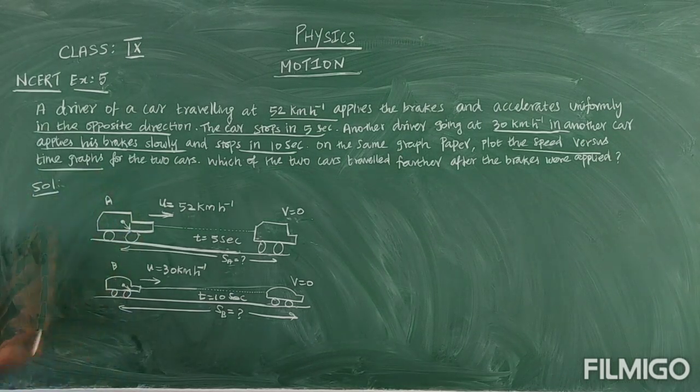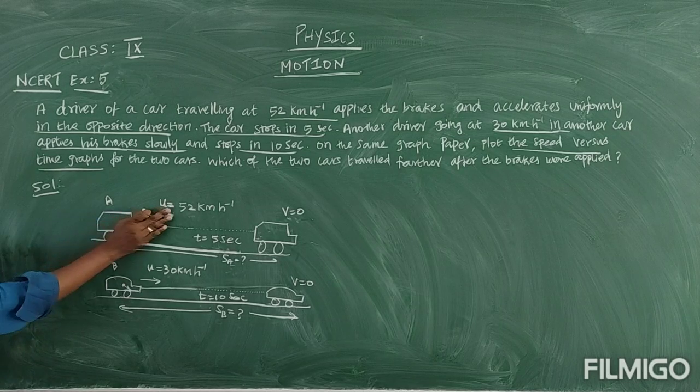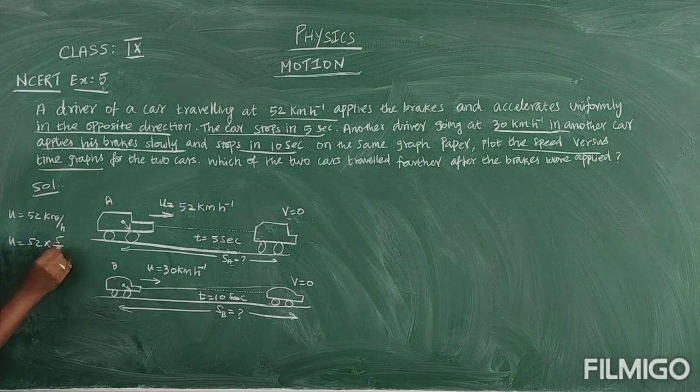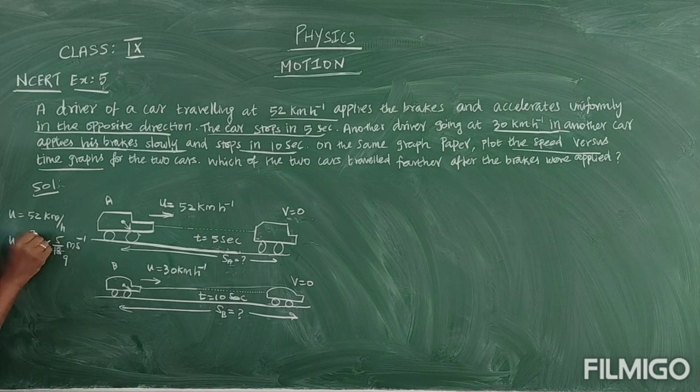Okay, so we convert now. For the first car, u is equal to 52 km per hour. How can we convert? Multiply with 5 by 18, so this is converted to meter per second. So u is equal to 52 into 5 by 18. Second table, 9 times; here, 26 times.